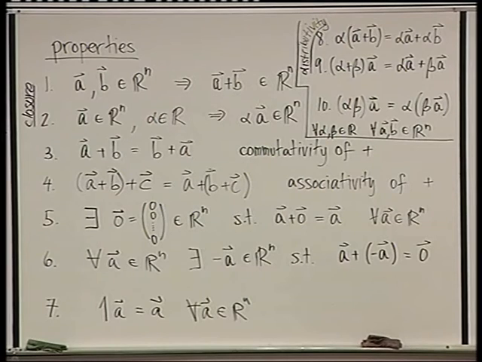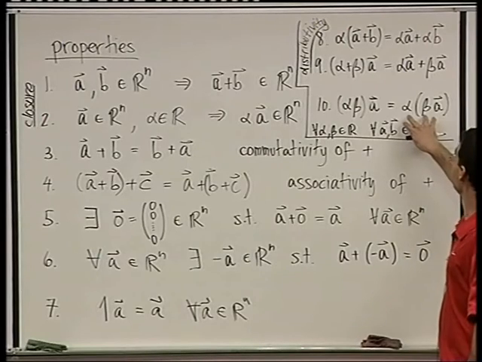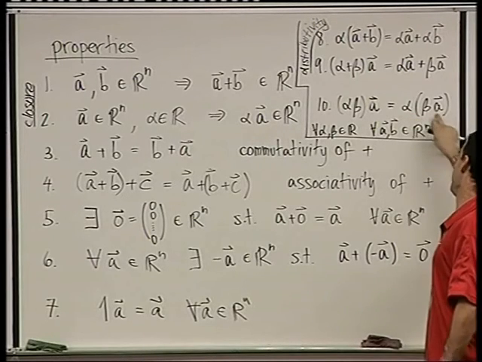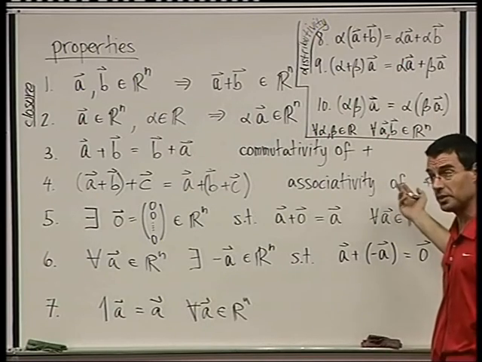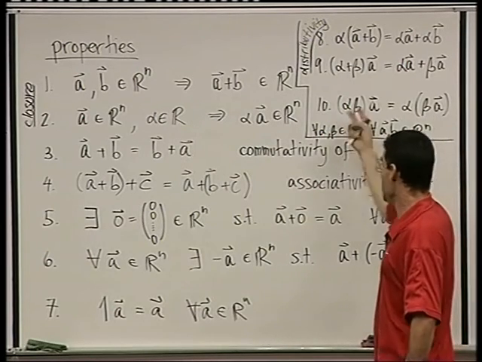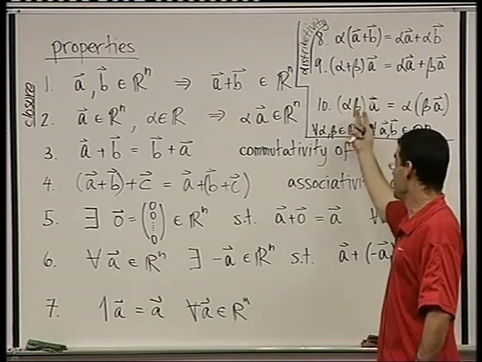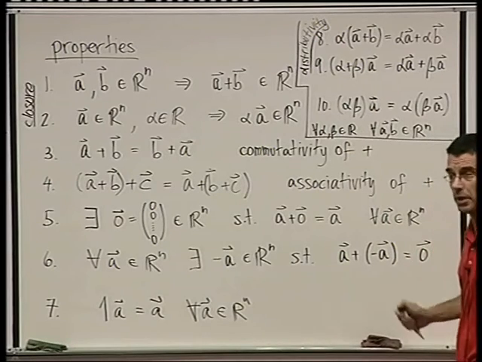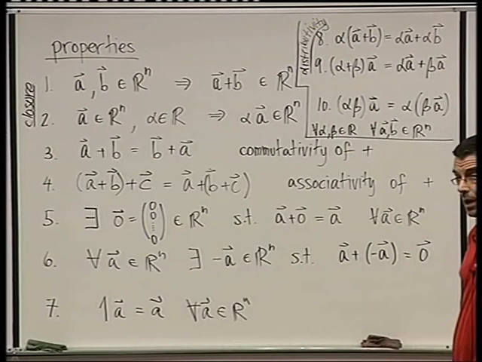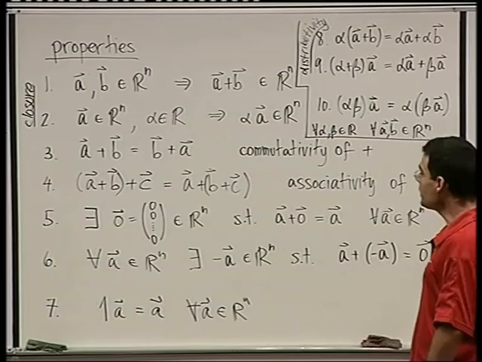That's the last property equals alpha times A with parentheses times B. Yeah, you can add that. You can multiply alpha by A and then multiply by beta. You don't need to write it explicitly because it follows from the fact that you can commute the multiplication of the scalars here, right? And then just use this property again. So I'm not going to list it separately, but it's true. Okay? Okay.